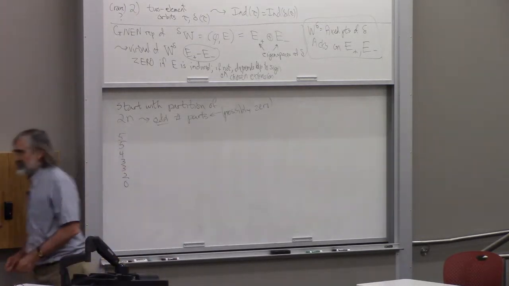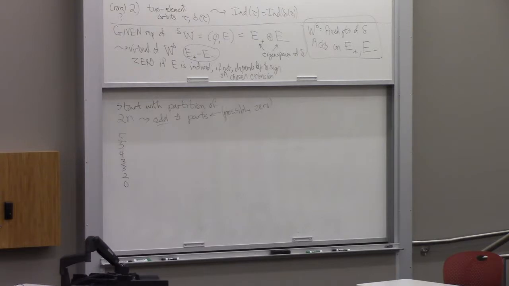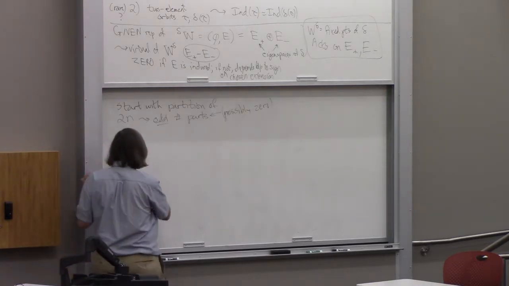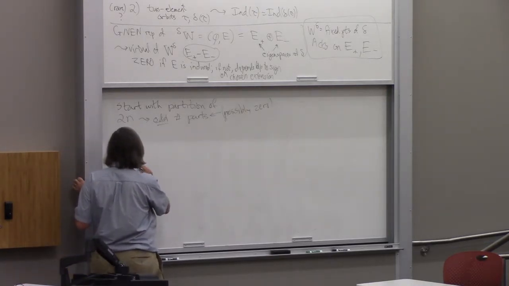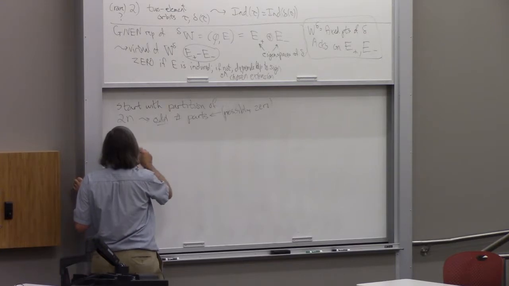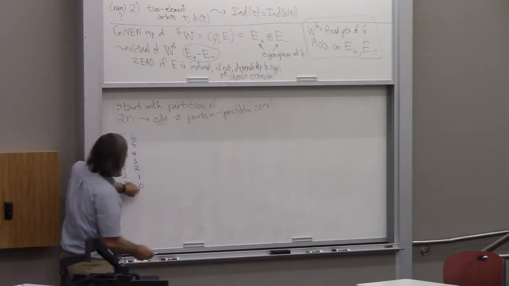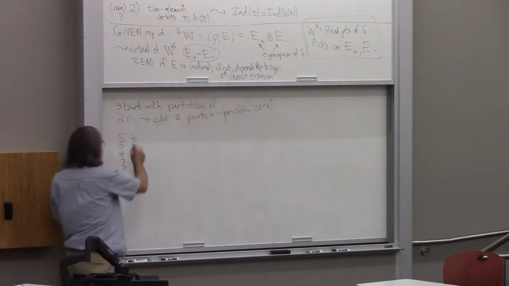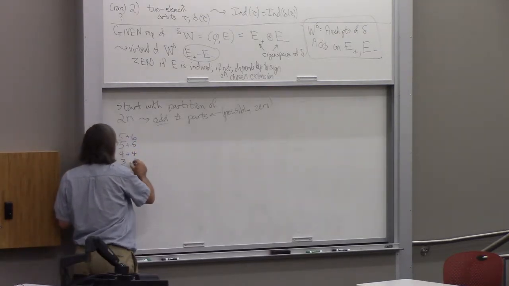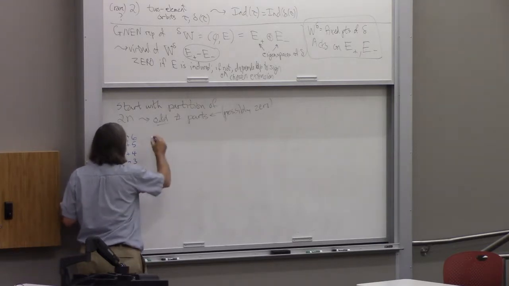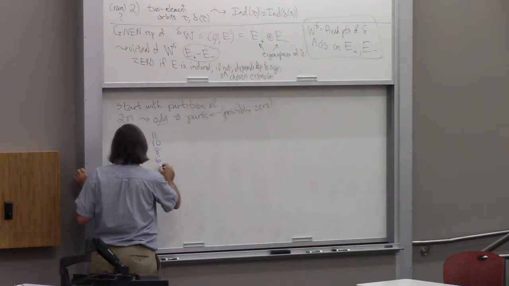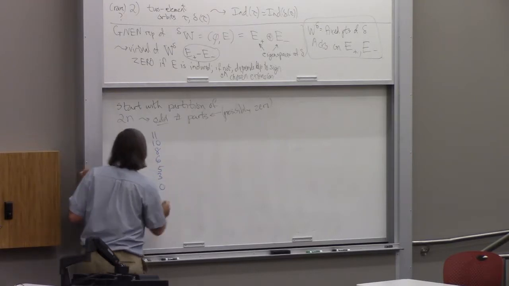You're not sure that it can be tiled by dominoes; actually I am. This can be tiled by dominoes. But anyway, you write your partition and you do the numbering next to this, and you add, and you get 11, 10, 8, 6, 5, 3, 0.